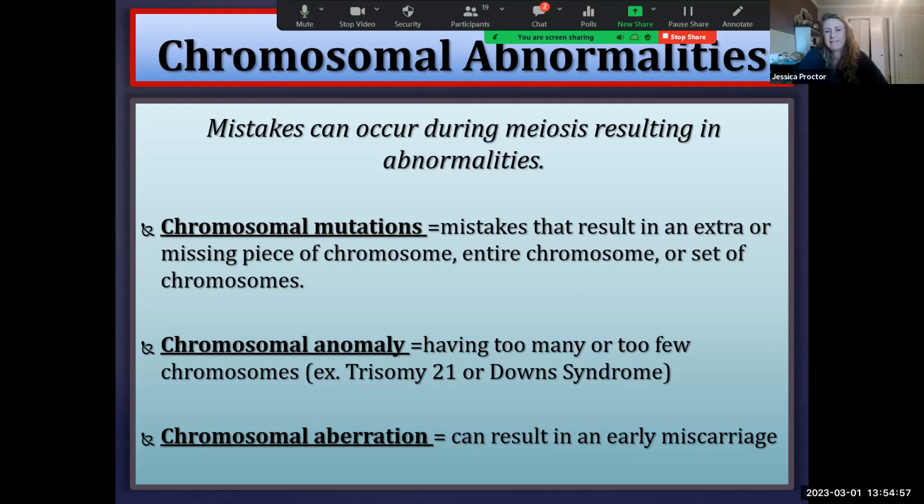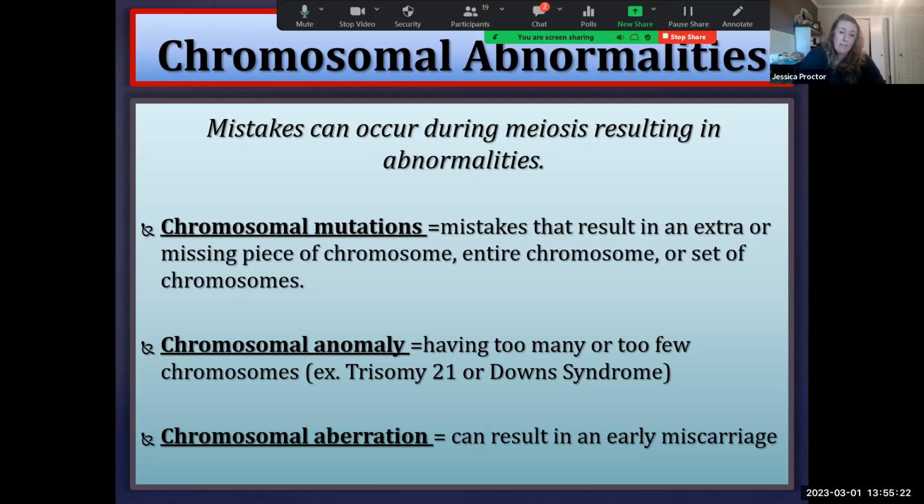So we know that mistakes can occur during meiosis that will result in genetic abnormalities or aberrations, as we like to call them. A chromosomal mutation is a mistake during meiosis that results in an extra or missing piece of a chromosome, an entire extra or missing chromosome, or even an entire extra set or missing set of chromosomes.